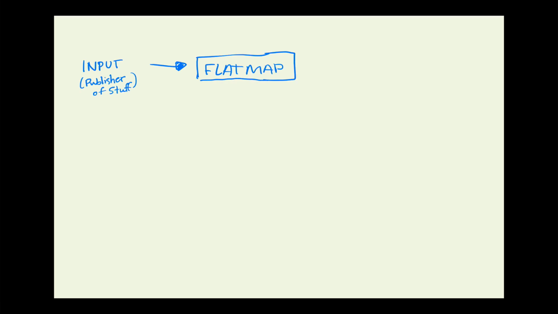Now the FlatMap operator is going to take whatever input it is. And so say we get some input and it's going to do some work and subscribe to the publisher returned from the FlatMap block. And then when it's done, it's going to return back and send that down to, in our case, the sync subscriber, which will print it out.